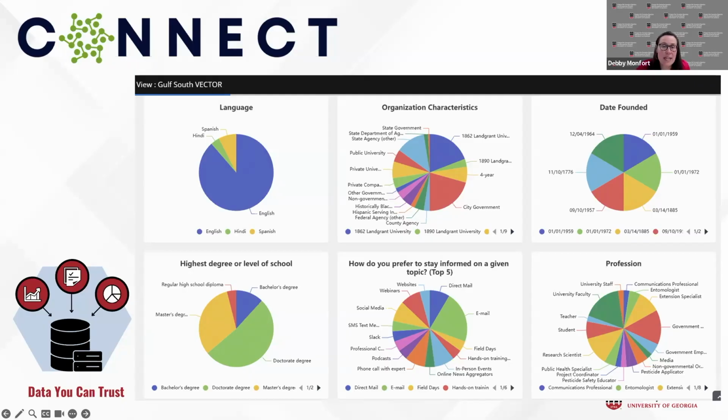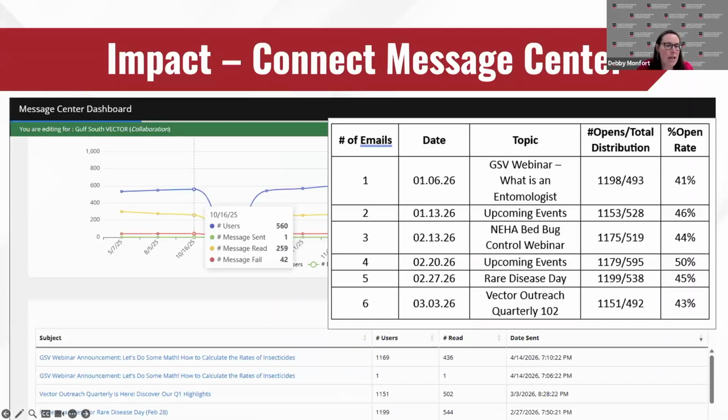This really helps in your communication. What level of language do I need to use? This is specific for the Vector collaboration, but you can also do that same analysis for your subscriber group. We got out of order here.